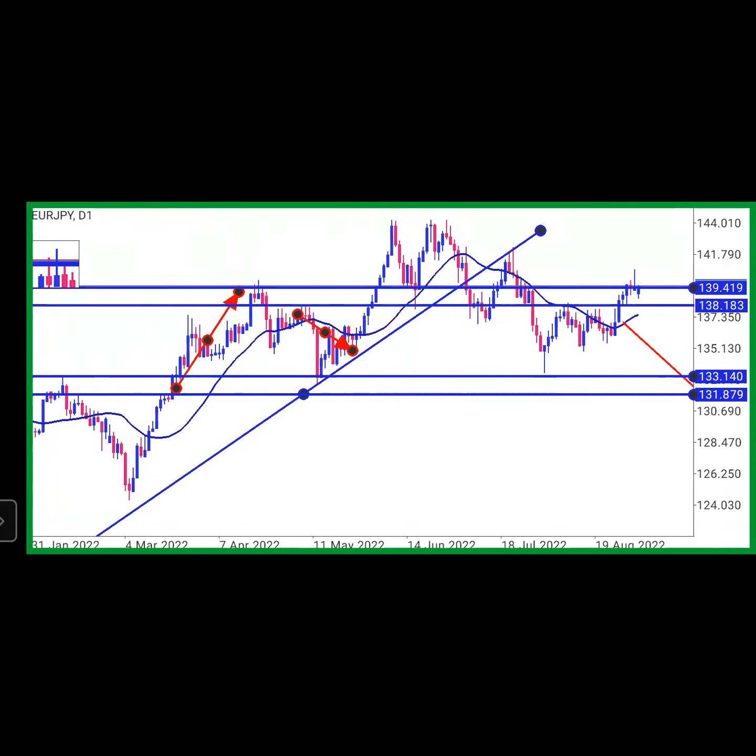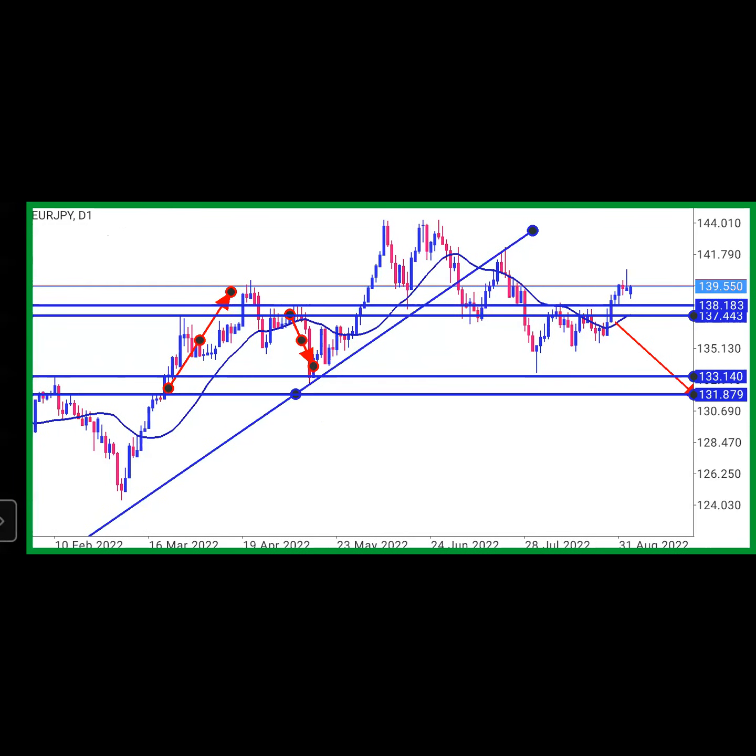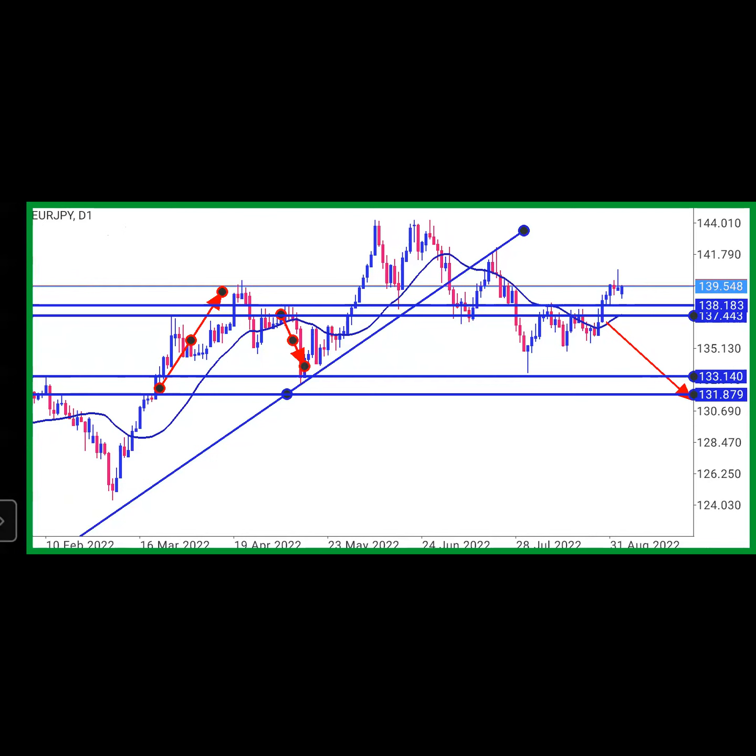But before it pulled back, there was a point it came here. There was a buy up to this zone, and then it moved up.